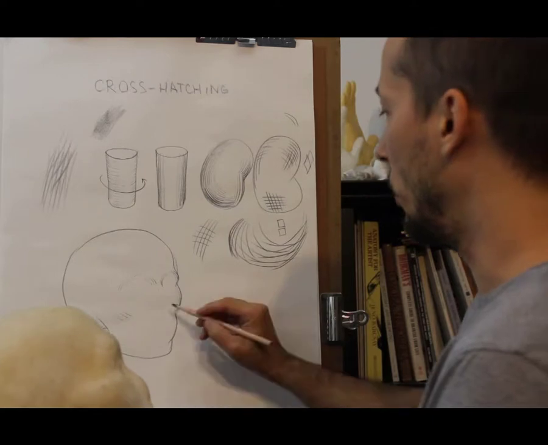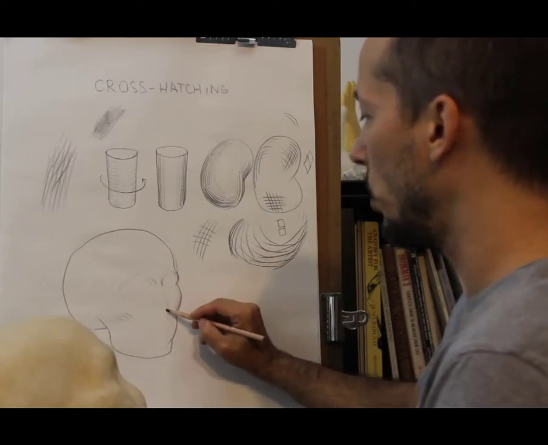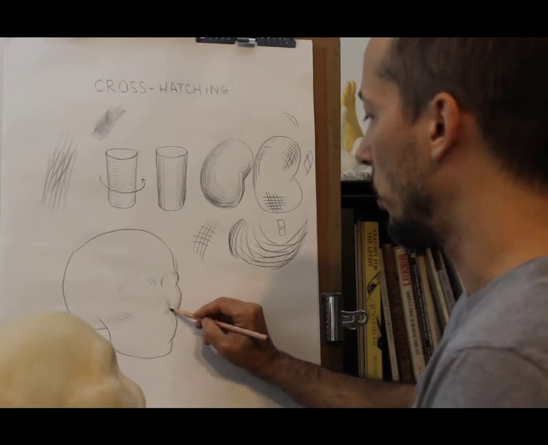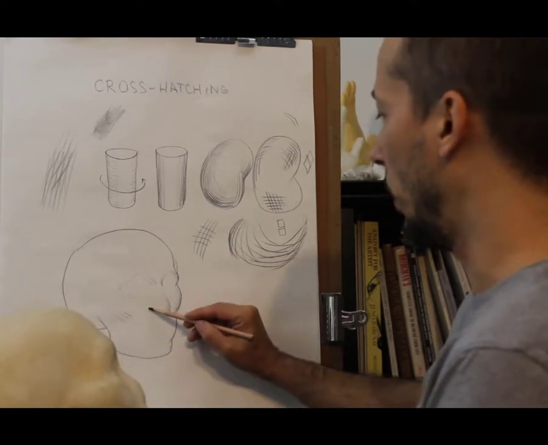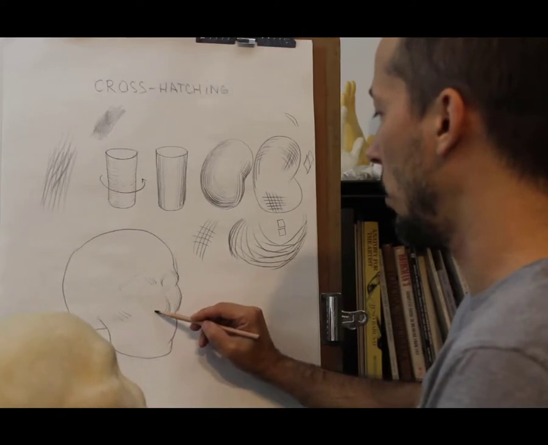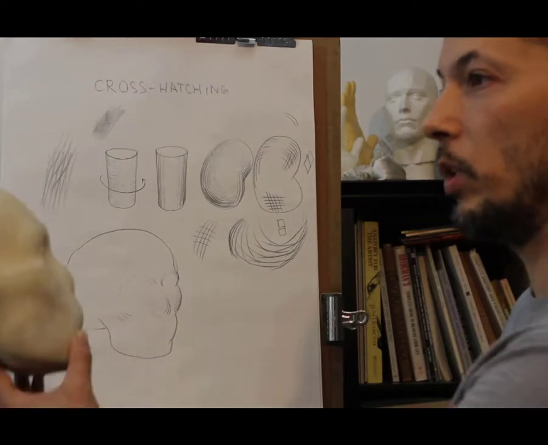So we're starting to develop that. As I go around the form of the nose, it's a lot softer. So it's like a Voldemort, and here we can suggest a couple of lines to suggest both sides of the nose.